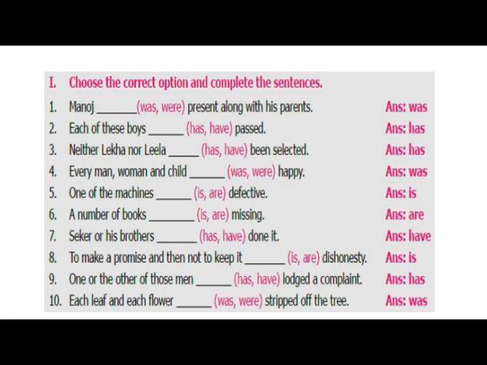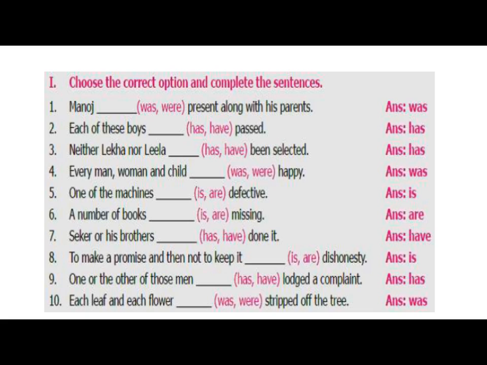Now we are going to fill the blanks. Manoj was present along with his parents. Each of these boys has passed. Neither Lekha nor Leela has been selected. Every man, woman and child was happy. One of the machines is defective. A number of books are missing.